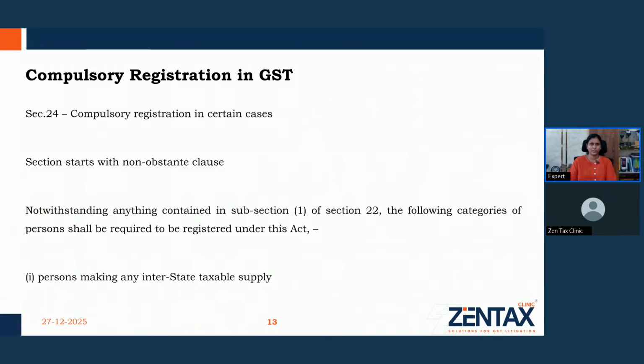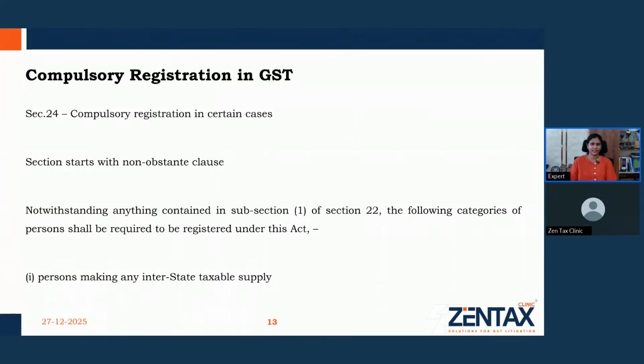Moving on, we know section 24 of the GST Act deals with compulsory registration under GST. This section is a non-obstante clause, that is, the section starts with "notwithstanding anything contained in sub-section 1 of section 22".